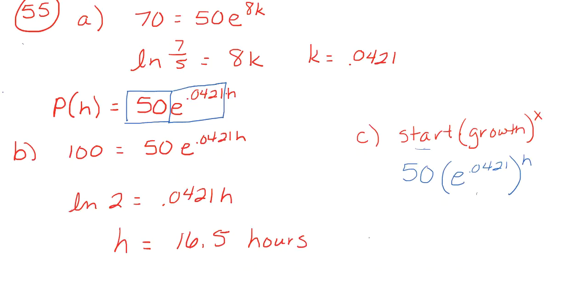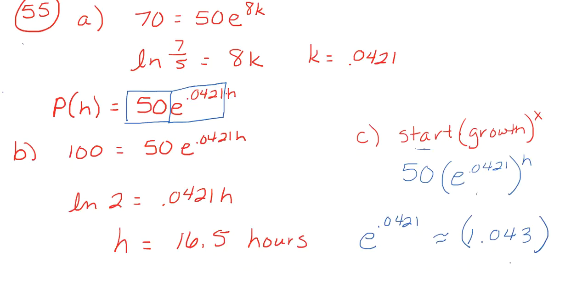So just do that on your calculator. Do e to the 0.0421 exponent. And if you do that, I just rounded off to 3 decimal places, you get 1.043. That's our growth. The growth is 1.043.